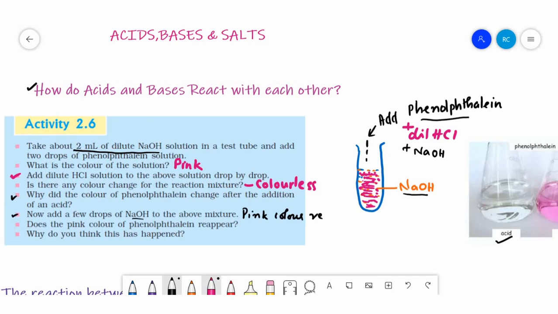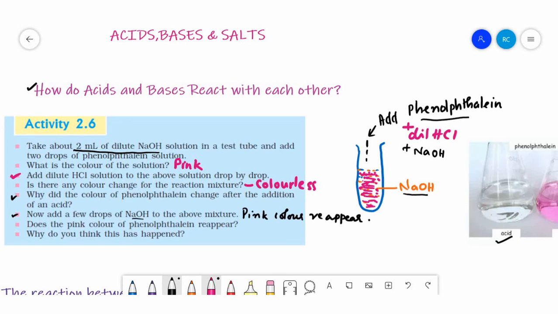Because already the sodium hydroxide in the reaction mixture is neutralized with the acid. Then again if you add NaOH, because of the presence of phenolphthalein, the solution becomes pink again.